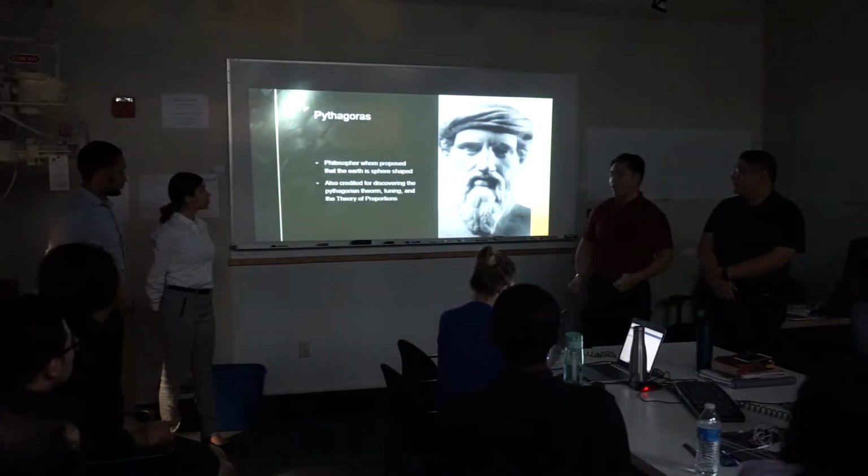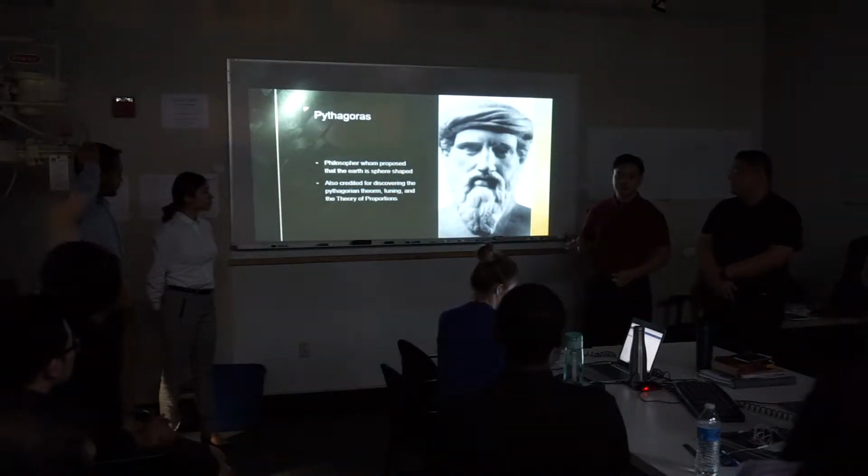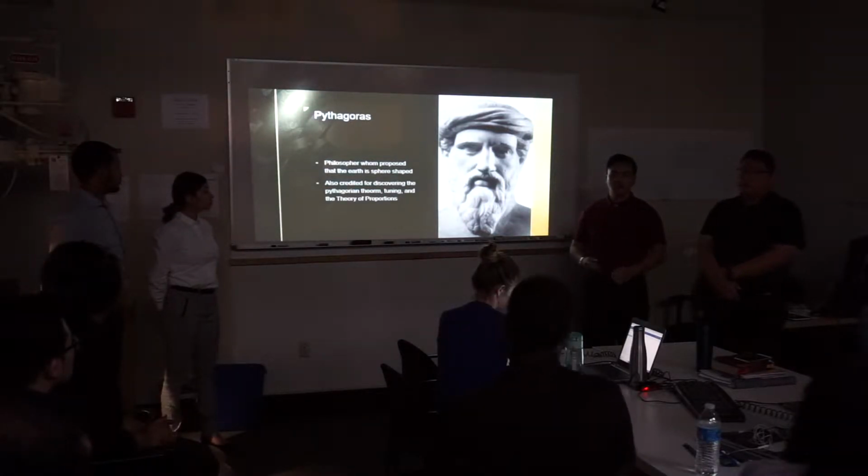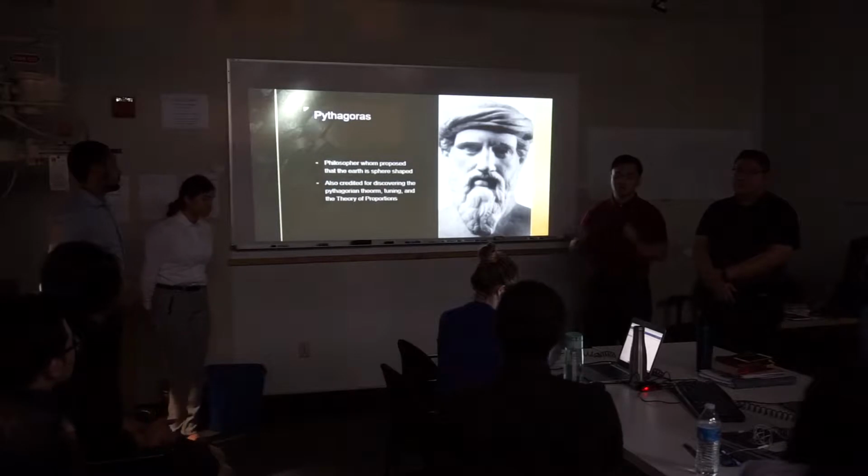It wasn't until roughly the 5th century BC that a Greek philosopher by the name of Pythagoras introduced the concept of the Earth being a sphere rather than being flat.